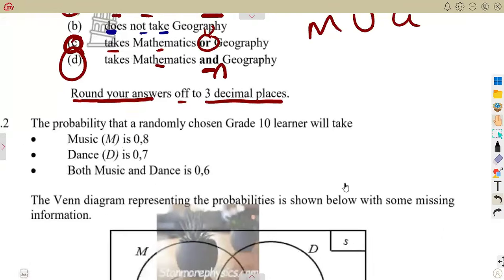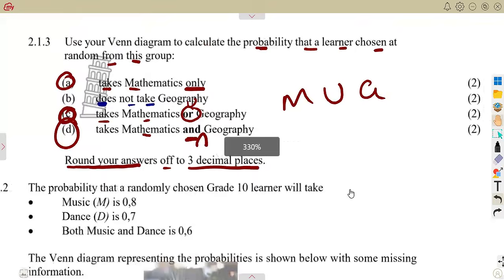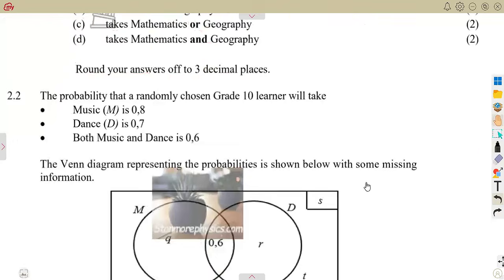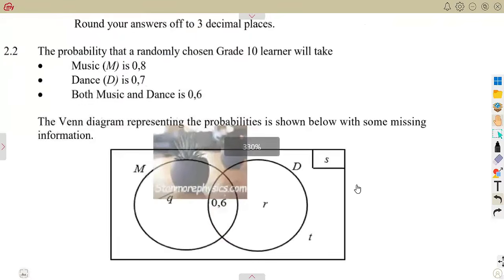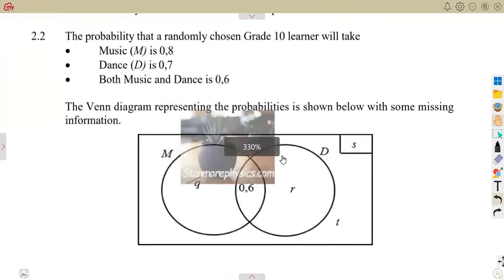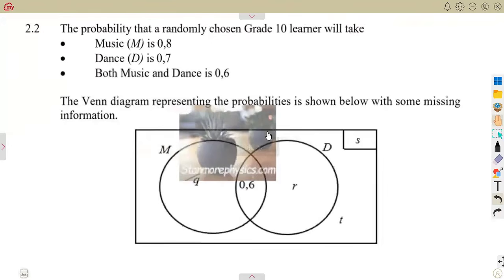All right, another question, which is 2.3. This has nothing to do with the previous question. They are giving us question 2.2. The probability that a randomly chosen grade 10 learner will take music is 0.8. So these are probabilities. To take music, it's 0.8, like we are given.